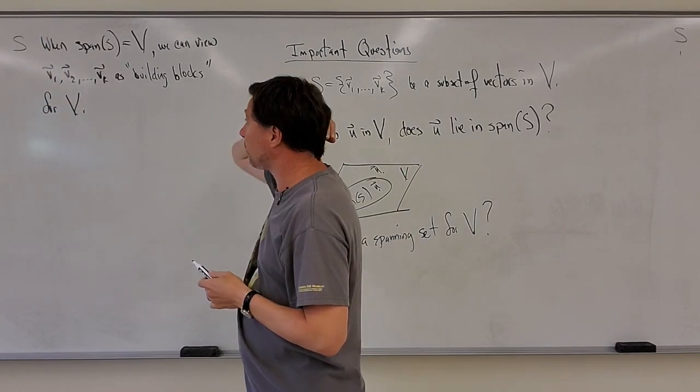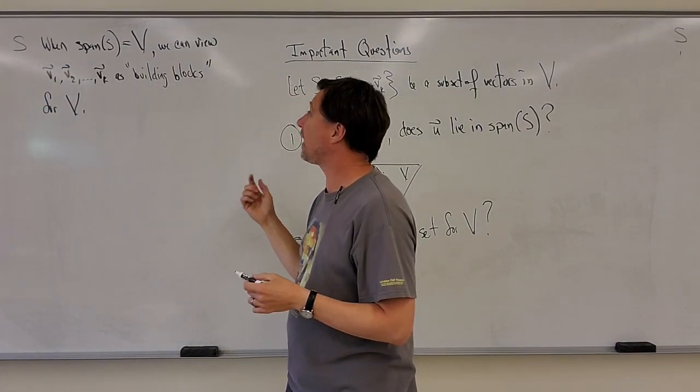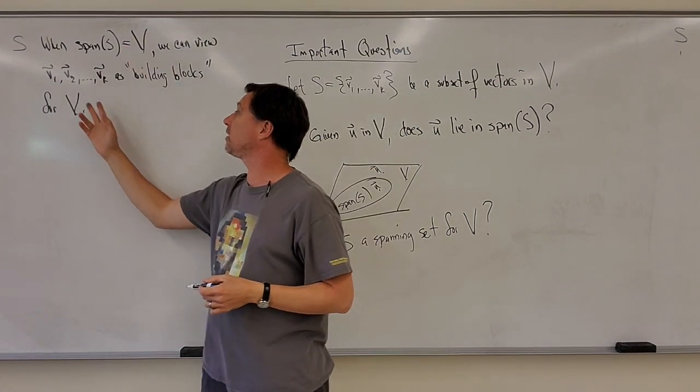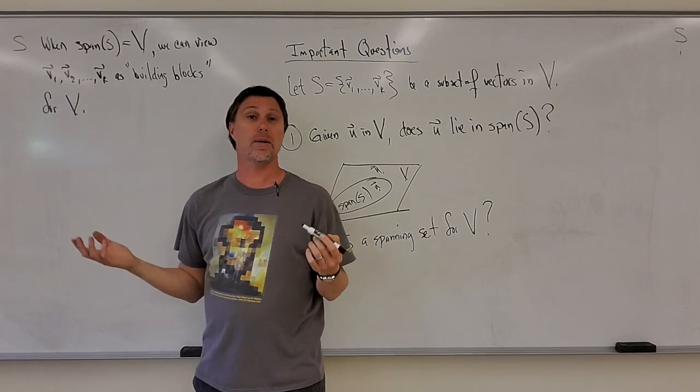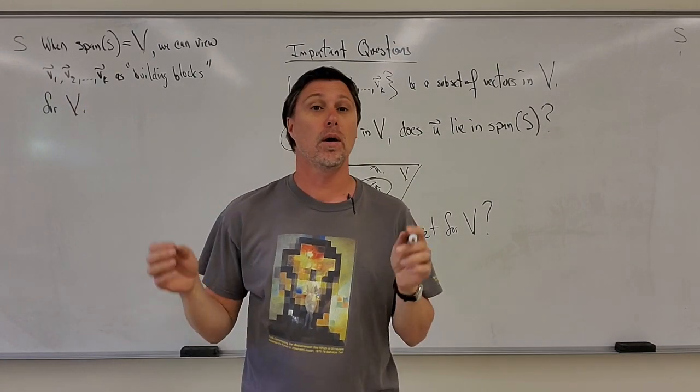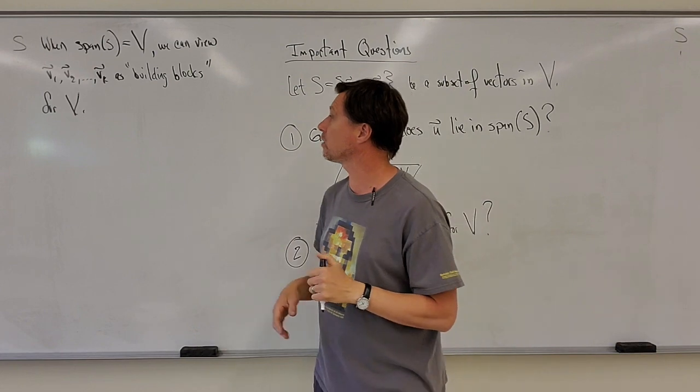Well, if the span of S is equal to V, then any vector in V can be constructed by making a linear combination using these V's right here. So that's what I mean by building blocks. How do you build them? By forming linear combinations of these vectors.